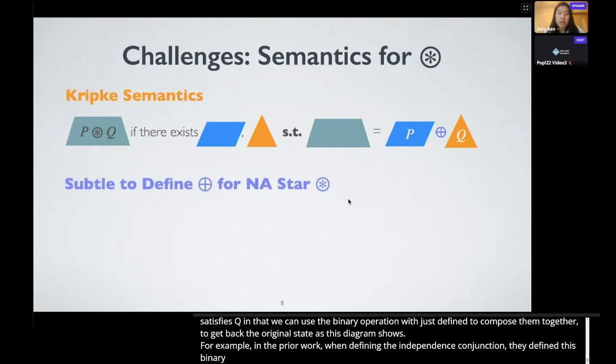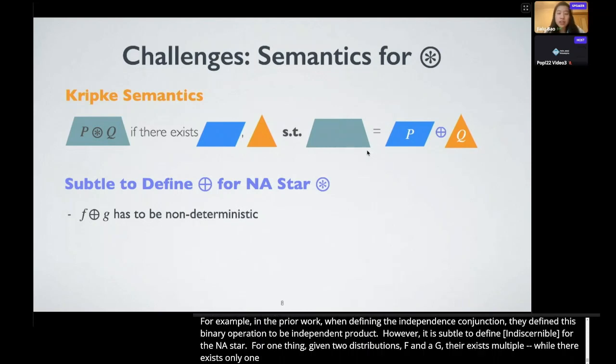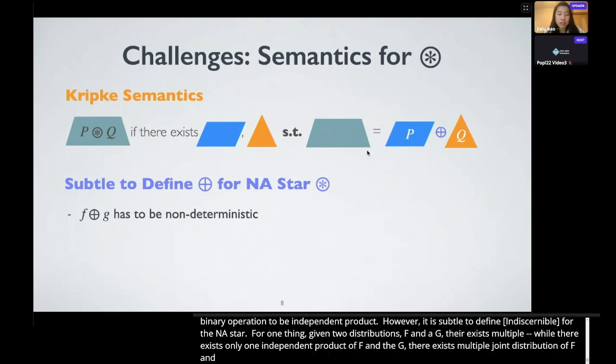However, it is subtle to define O plus for the NA star. For one thing, given two distributions F and G, there exists only one independent product of F and G, while there exist multiple joint distributions of F and G where their domains are negatively associated. The intuition is that NA is weaker than independence.